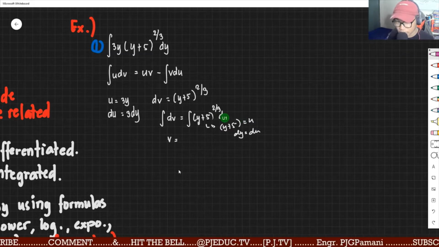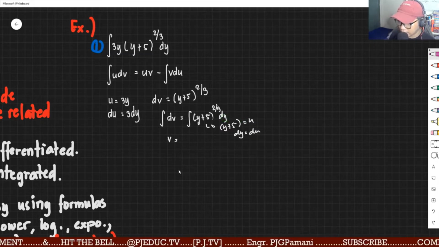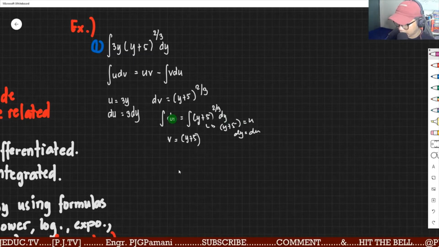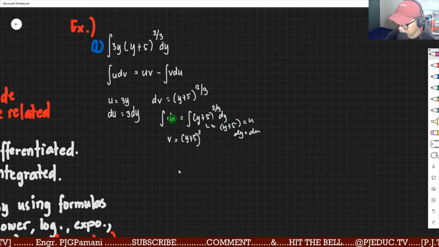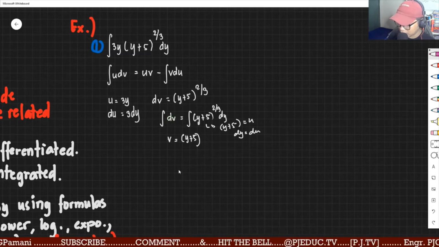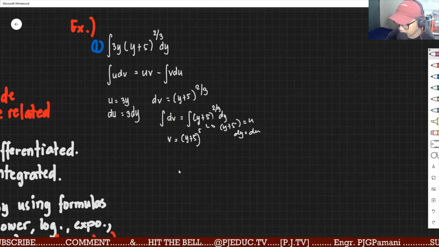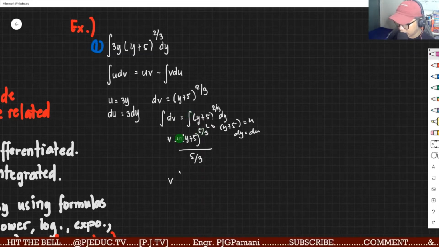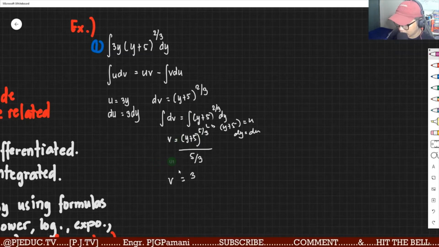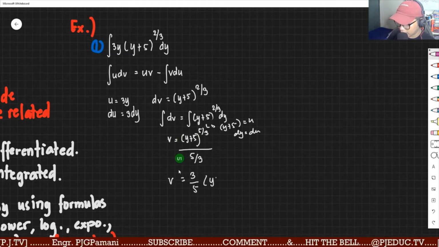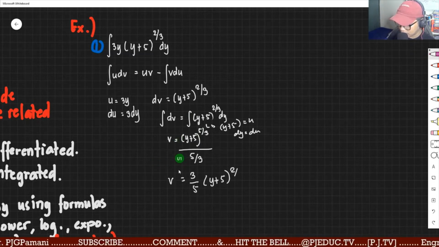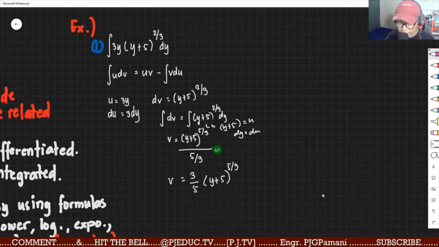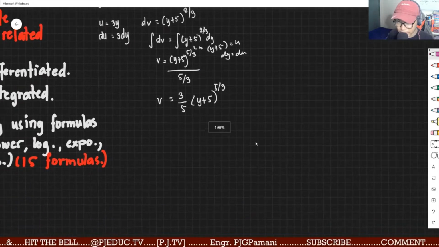So for the integral, we simply use the power formula: (y plus 5) raised to 2/3 plus 1, we add the exponents, that is 5/3, all over 5/3. v is simply now equal to 3 over 5 times (y plus 5) raised to 5/3. The plus C comes later; we will not use it in this part.